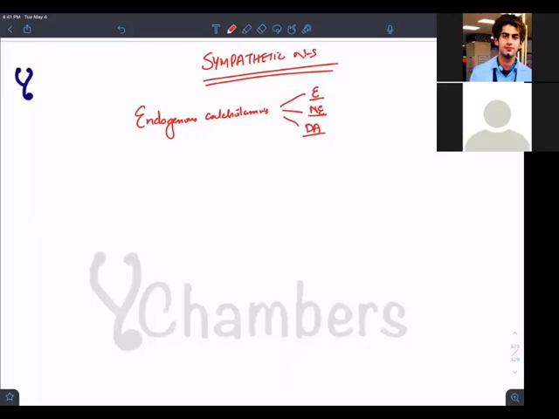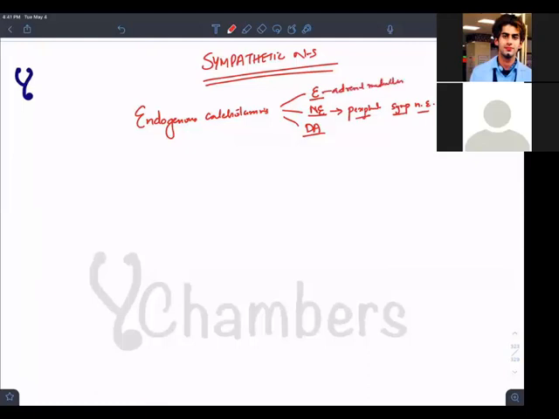Now, who is secreting norepinephrine? Norepinephrine is secreted by peripheral sympathetic nerve endings. Epinephrine is secreted by, as you all know, the adrenal medulla.